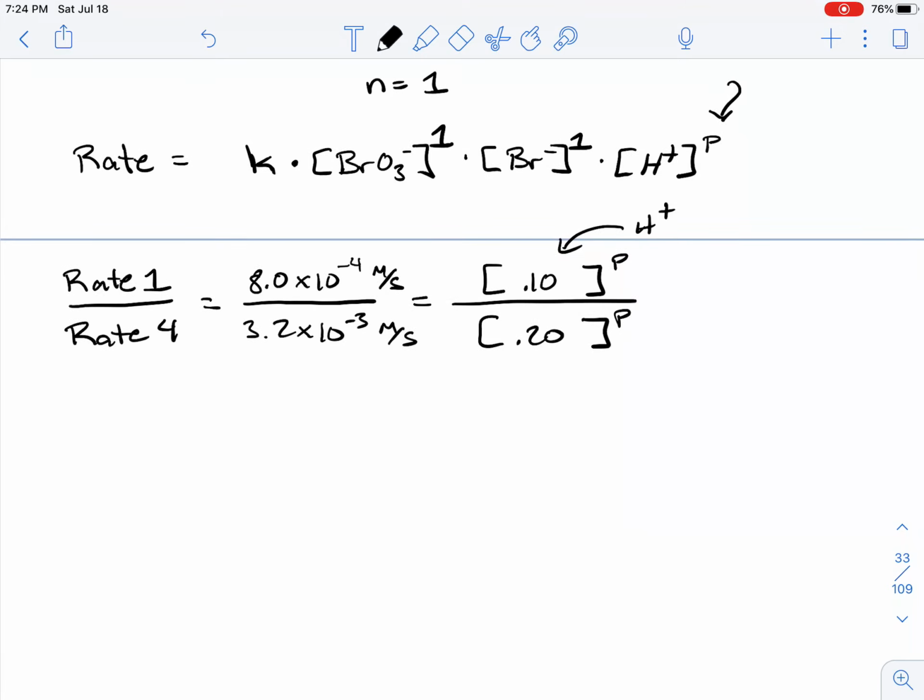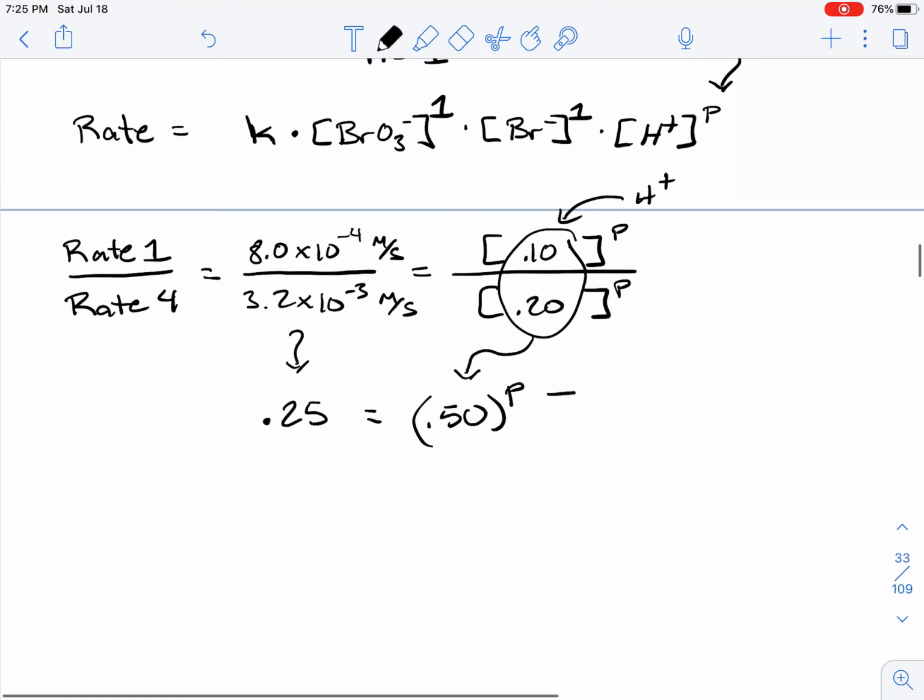All right, so let's plug this into the calculator real quick. Here we have 8.0 times 10 to the negative 4 divided by 3.2 times 10 to the negative 3, and that's going to give us 0.25. And so 0.10 divided by 0.20 gives us 0.50 raised to the p power.